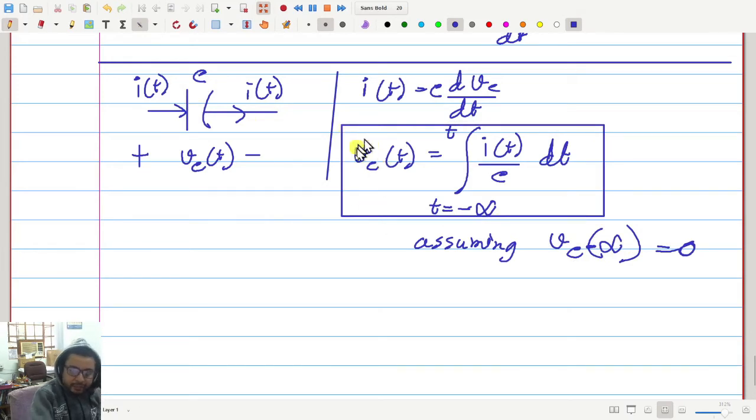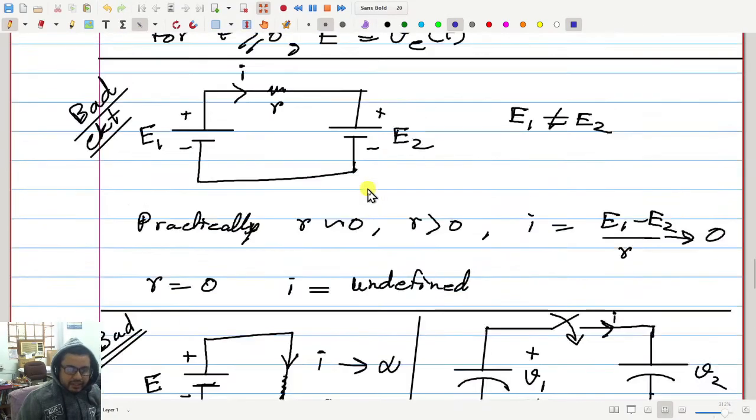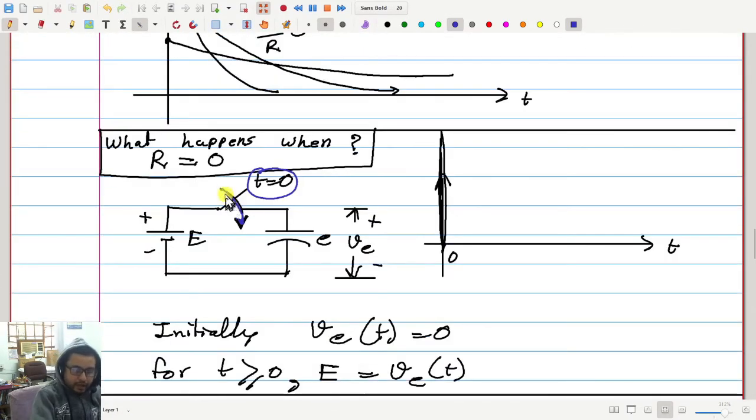That means the voltage across a capacitor is basically proportional to the total charge that has arrived at this capacitor. Now in this circuit, when the switch was open, no charge was coming.